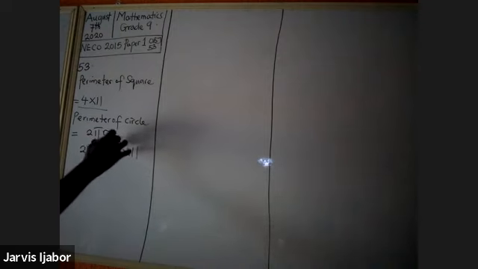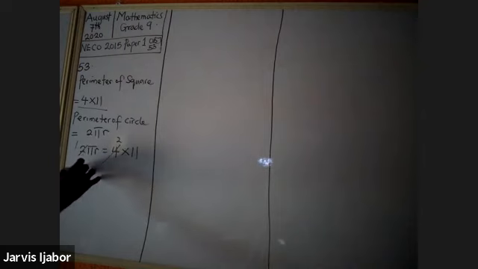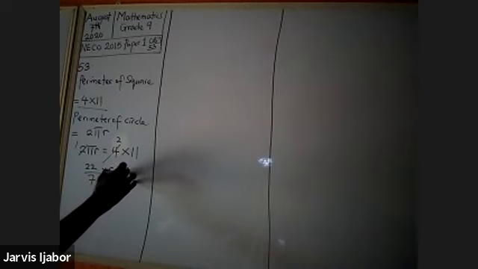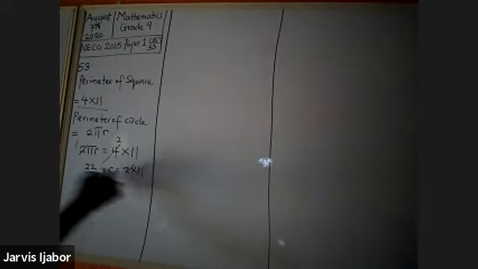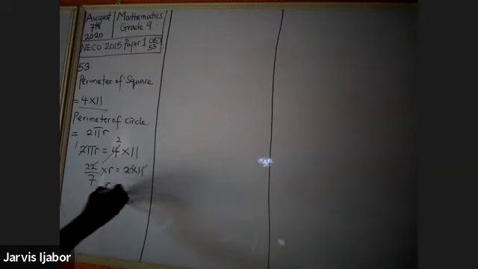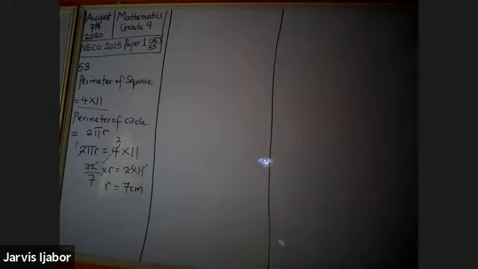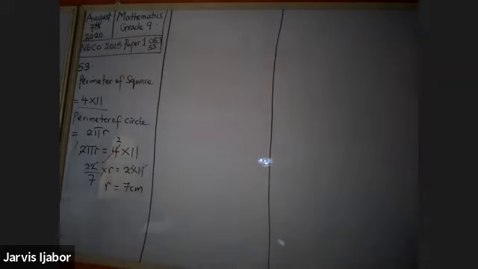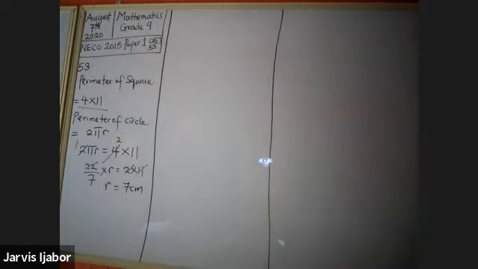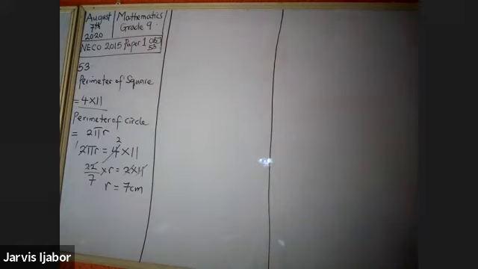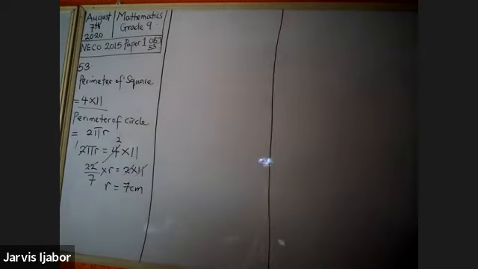This will be 22 over 7 times r equal to 2 times 11. This will cancel this, and r will then be equal to 7 cm. So the radius of the circle will be 7 cm. Is that okay? Right, so that's for question 53.